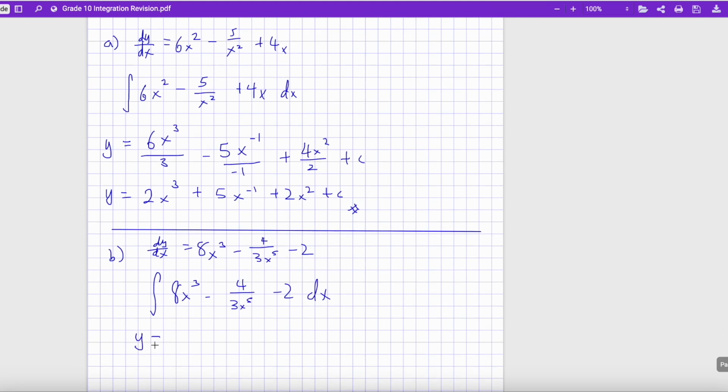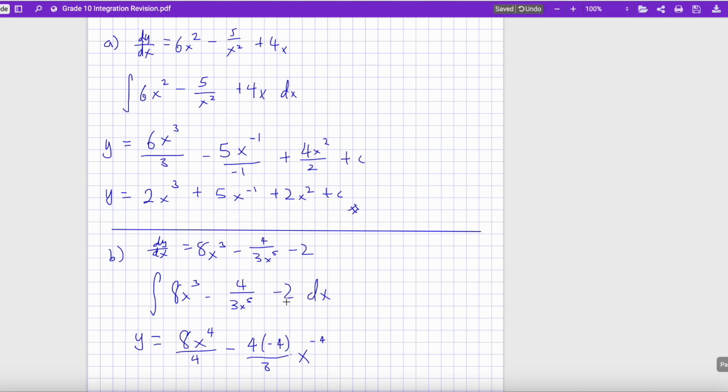So we will get something like 8x to the power of 4 over 4, minus 4, we'll have minus 4, I believe, as our new power, divided by 3x to the power of minus 4.